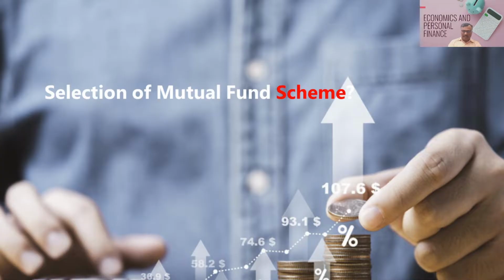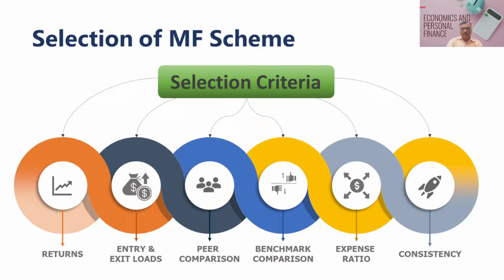So once you have identified the large cap fund, there are so many large cap schemes available in the market offered by different AMCs. Now at the start, you should keep these selection criteria in mind while selecting a particular scheme.